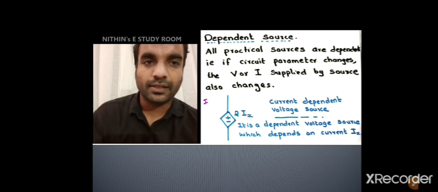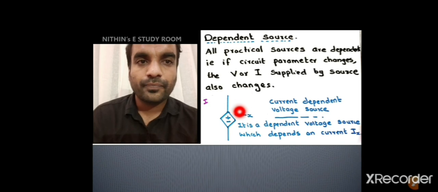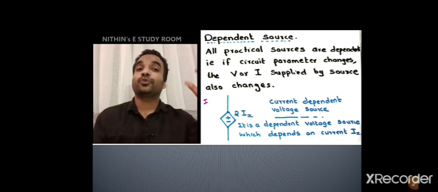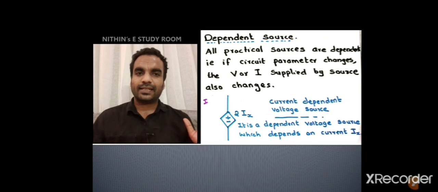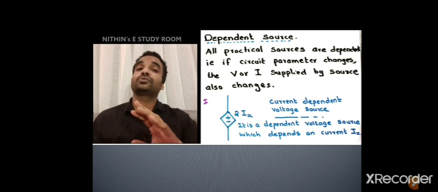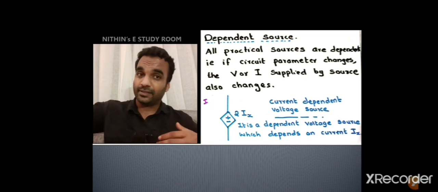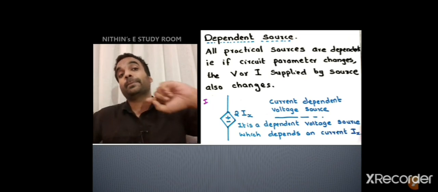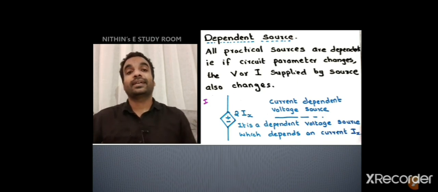You can see here there is a value 2ix. So this voltage source depends on 2ix. From the name, ix means current in some branch x. So this voltage source depends on some other current. Its value is 2 into ix. So we can say it is a current dependent voltage source.